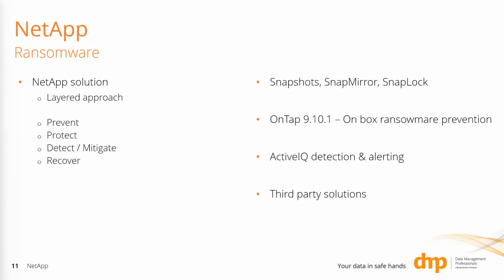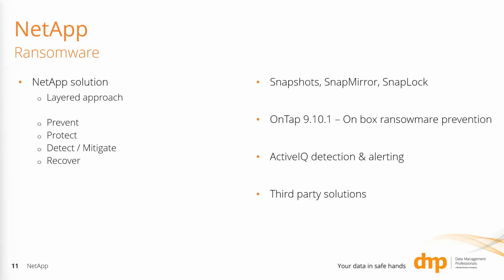So you can have read-only data, you can have it mirrored, and you can have it locked. And if it's locked, it's truly unmodifiable for any software or even any user or administrator. This is a type of prevention or protection and recovery, because you can also recover very fast from a snapshot.